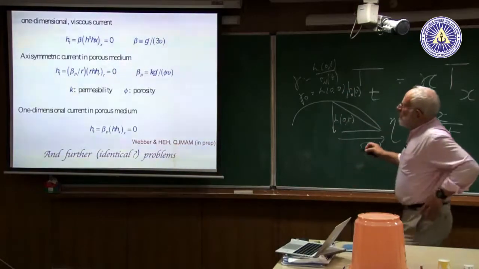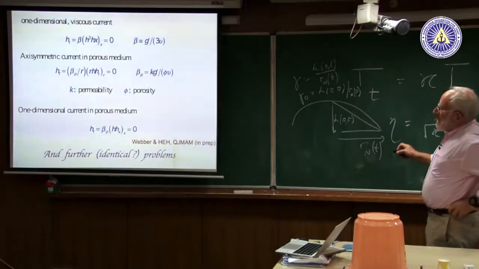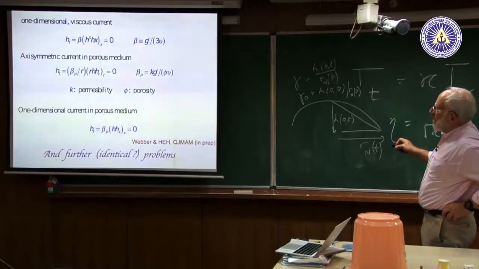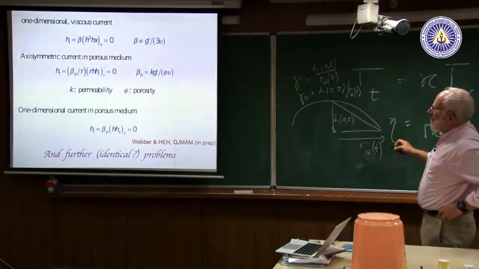So let me tell you a few other problems. This is a one-dimensional viscous current. It's one-dimensional, so we have x here. It's still non-linear. There's still one parameter. The same thing can be done.